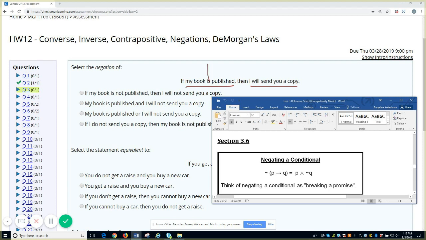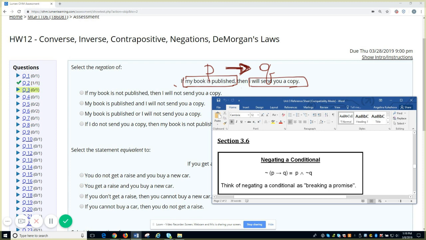So this is a conditional statement because of the if-then keywords. "My book is published" is going to be my P statement. "I will send you a copy" will be my Q statement. And of course, the if and the then part are part of the connective symbol.